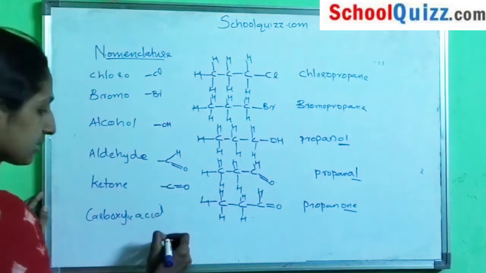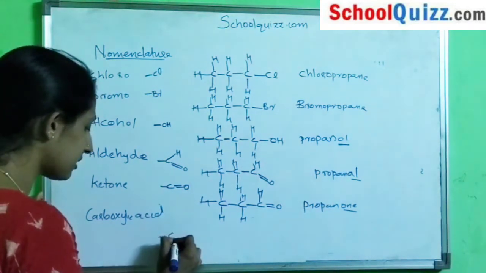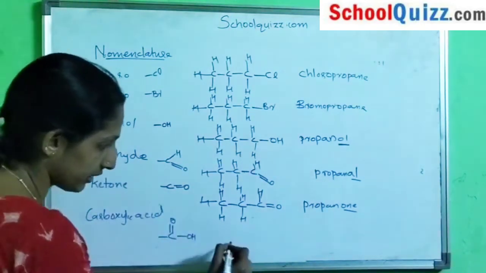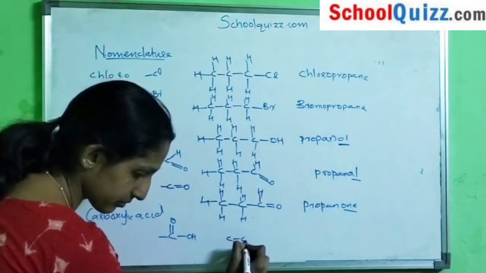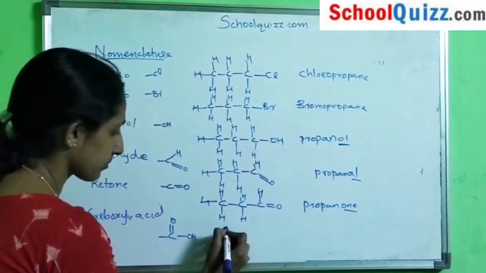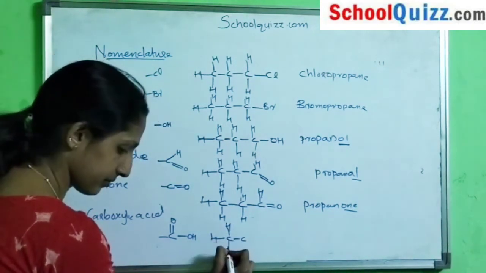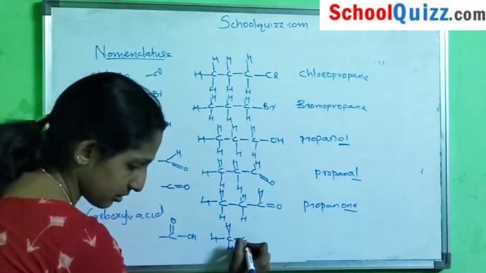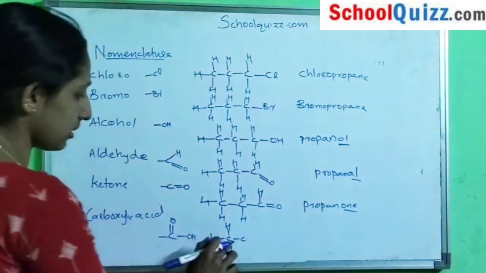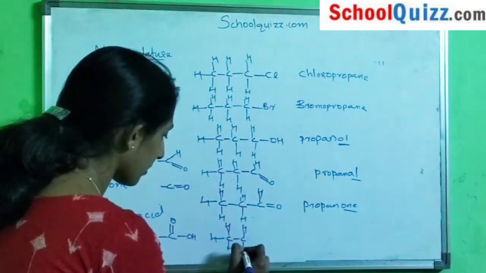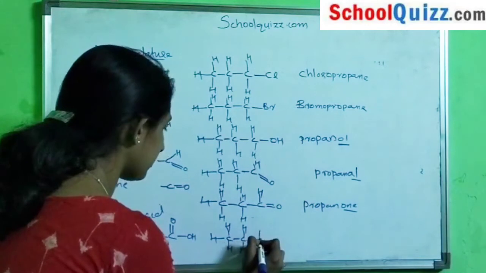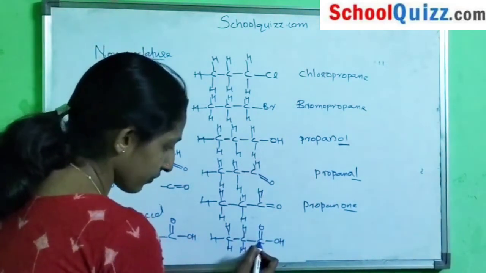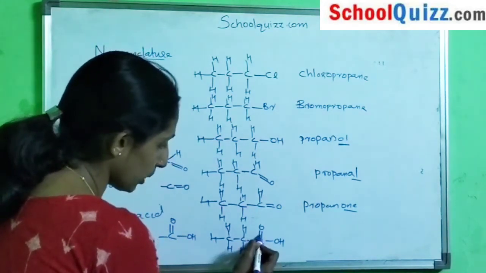Next is carboxylic acid, and its group is C double bond O, OH. And we are taking propane. Then this carbon has 4 valencies and is satisfied by 2 here and 2 here.